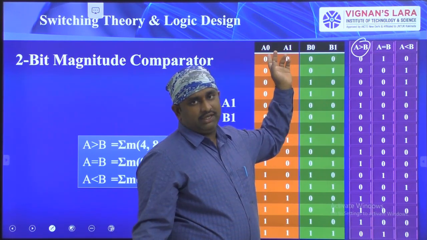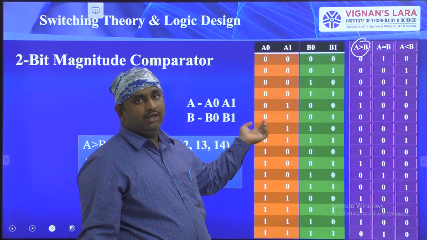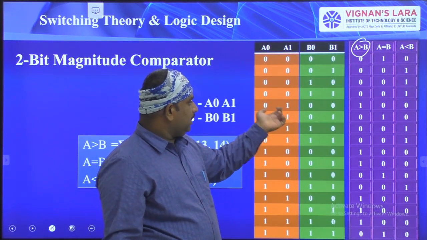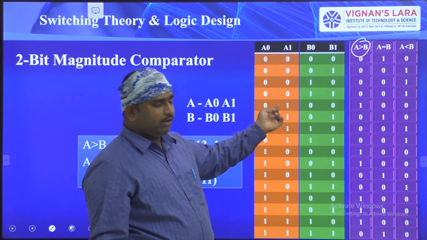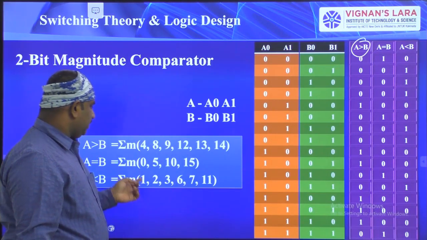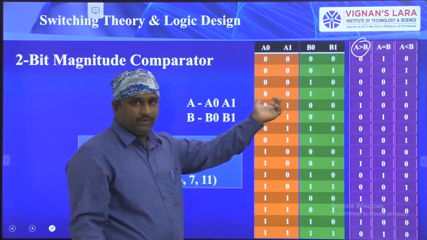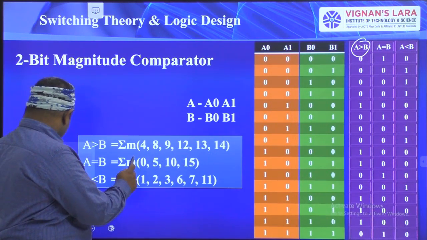I have written this A and B combinedly. Otherwise you can represent this as A bar B, C bar, D bar, like that. So here A naught bar, A1, B naught bar, B1 bar. That is the min term which is M4. The M4 I have written here.